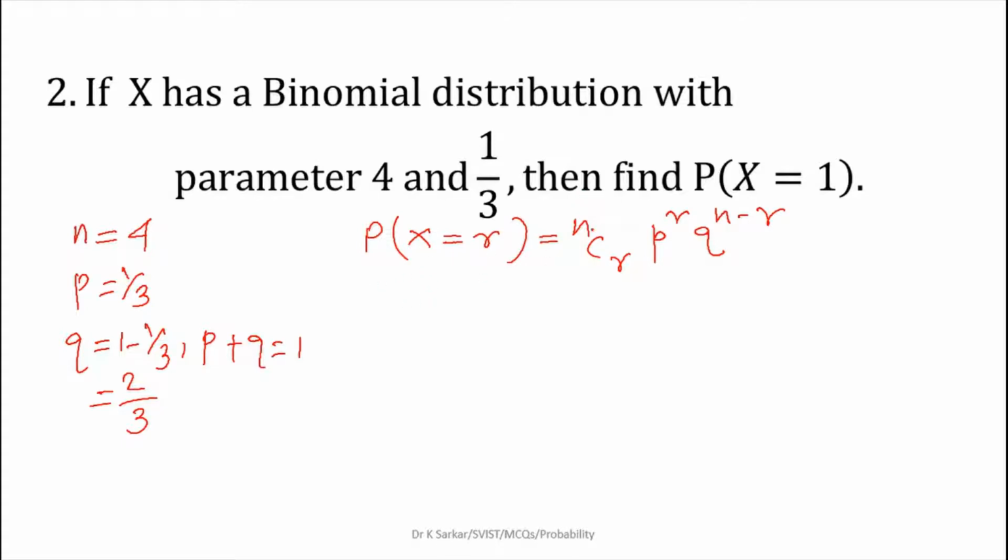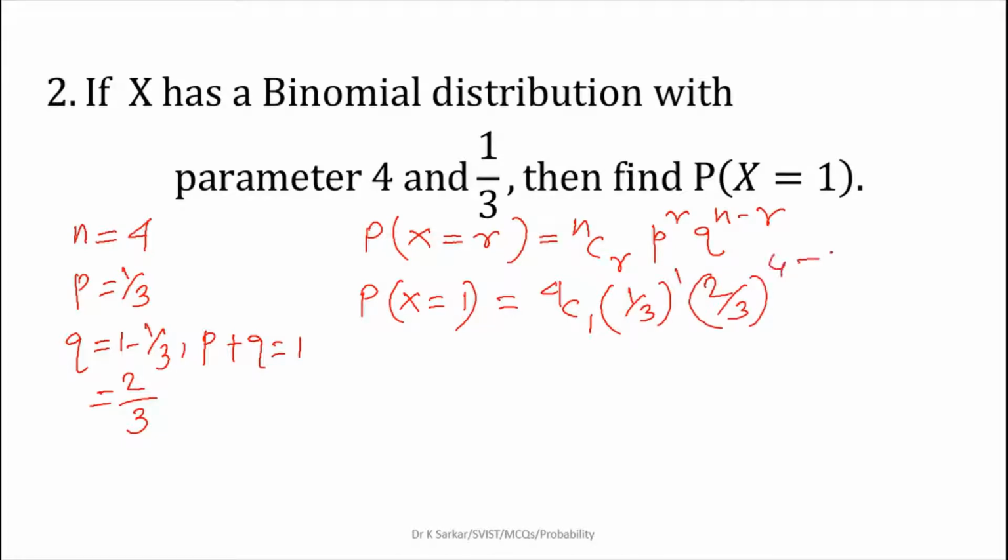Here n equals 4, p equals 1/3, q equals 2/3, r equals 1 given. So probability at x equals 1 is 4C1 (1/3) power 1 (2/3) power 4 minus 1. So this is factorial 4 by factorial 1 factorial 4 minus 1, that is 3, (1/3) and (2/3) power 3.